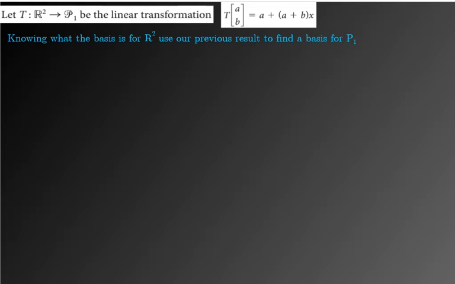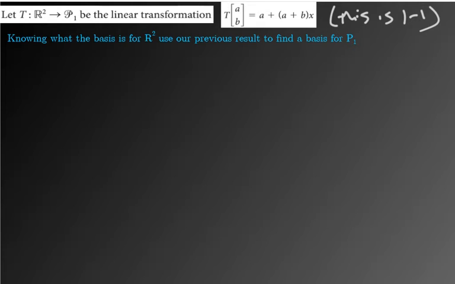Just to show you this, say we have R2 to P1 given by this transformation. This is dimension 2. This is also dimension 2. This is also a one-to-one map. I'm just going to let you believe that. We could prove it, but it is a one-to-one map.